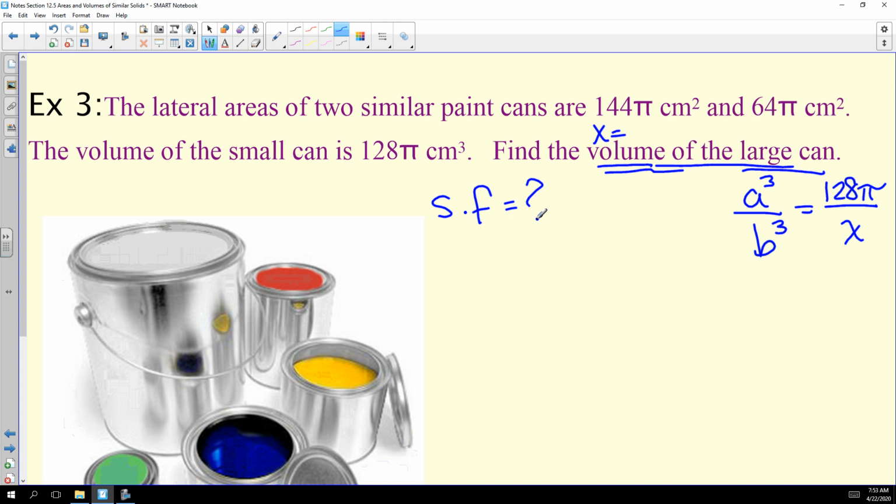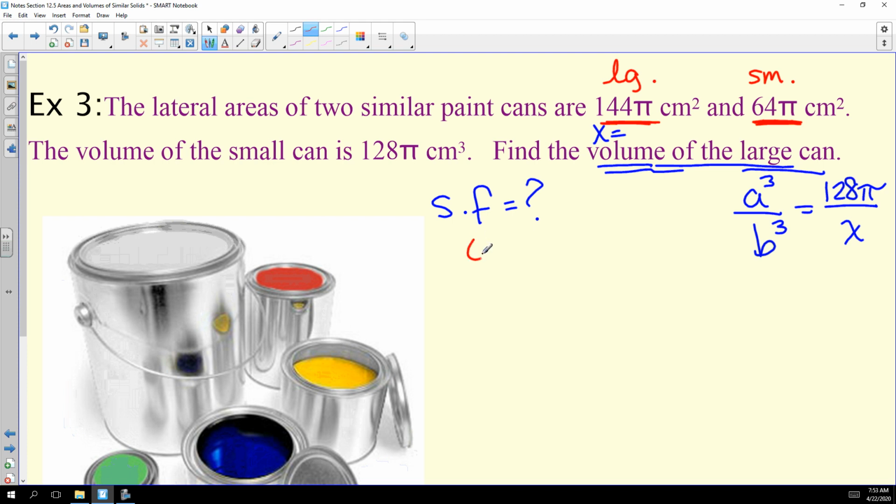So we can use the lateral area to make a comparison of the areas of the volumes, right? Notice that if the areas are 144 pi and 64 pi, that means that this must be the smaller paint can and this must be the larger paint can. Just be careful and mindful of whether things might be given in an out of order type of way.